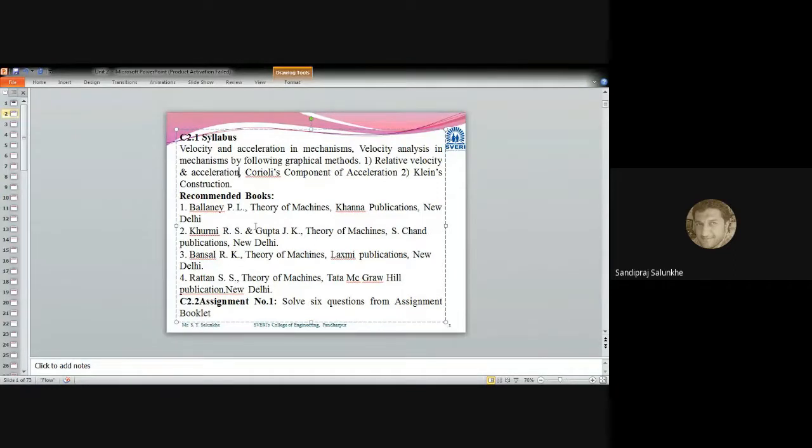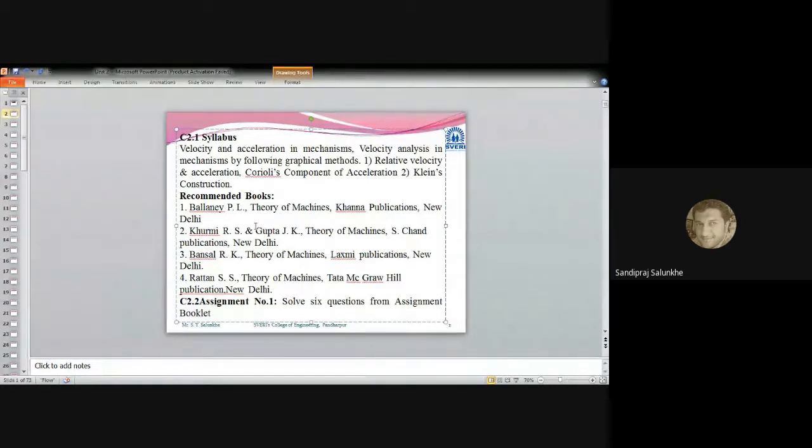And apart from all these books, you can refer to the book of Shigley, Theory of Machines and Mechanisms by Shigley, published by McGraw-Hill. If you have that copy, you can refer to it. It is a very good book, even better than Rattan.